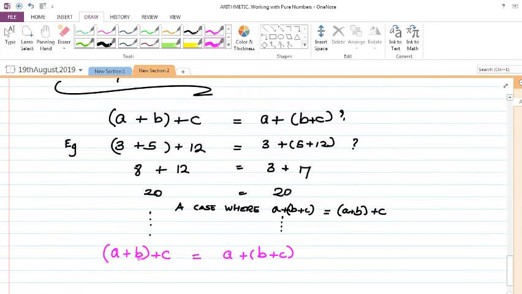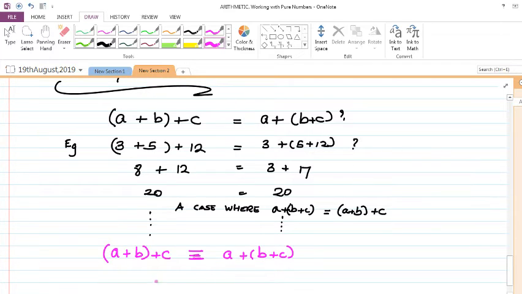This means I always, so that is all numbers I can use. It's always true. This is always equal to that. And therefore A plus B plus C is always equal to A plus B plus C.